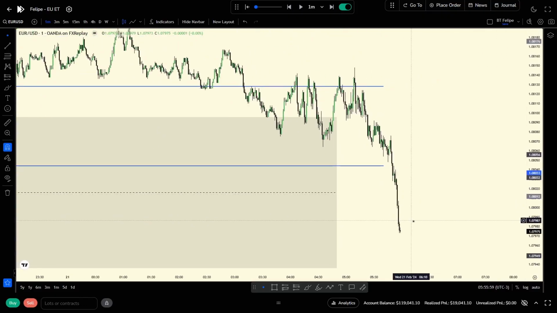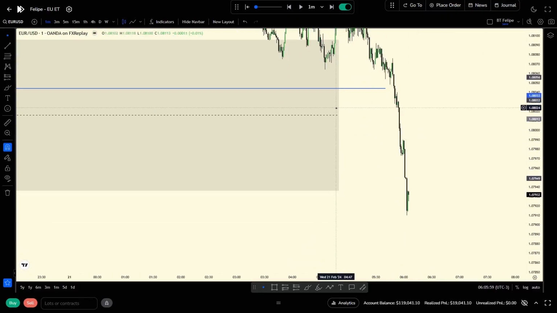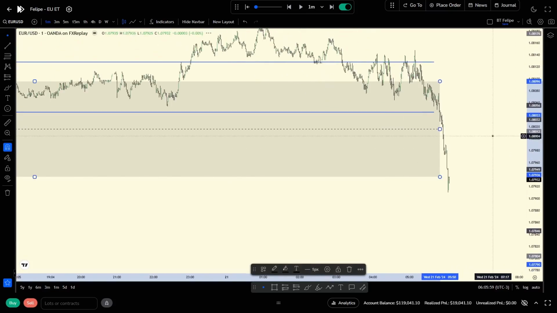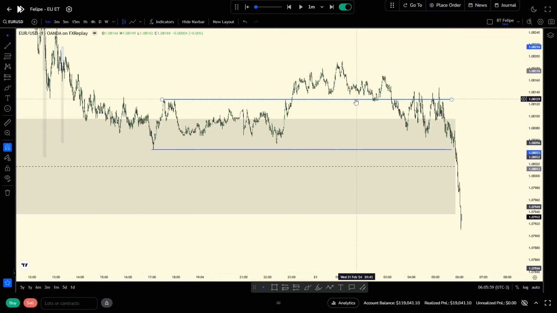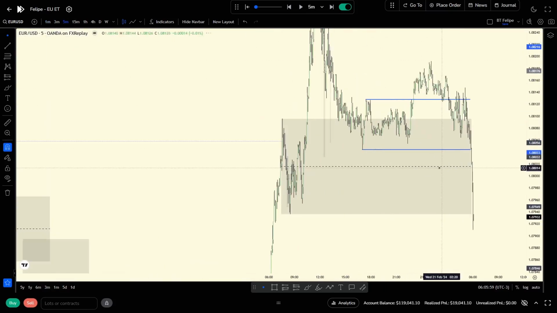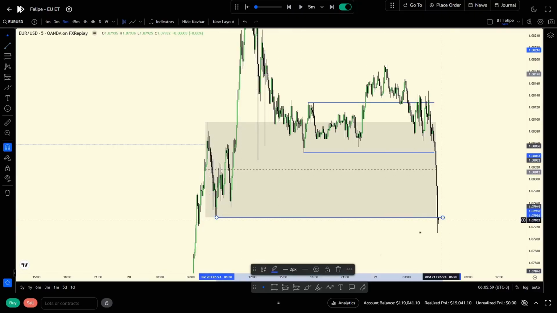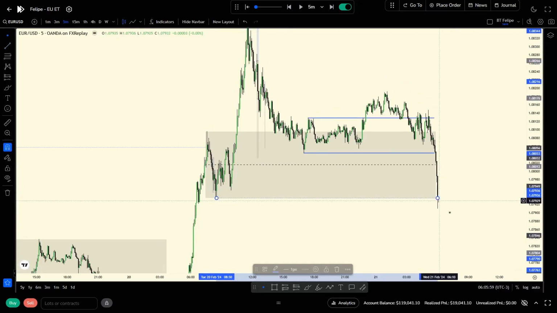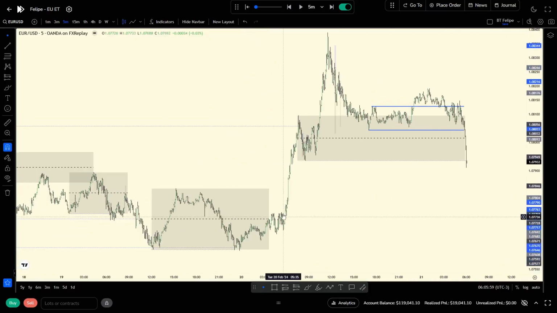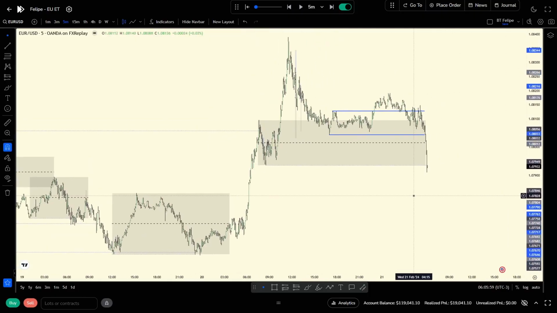Now this can be the sweep of liquidity, or maybe not. No, this liquidity looks better to take. This is a strong low of the leg going up.